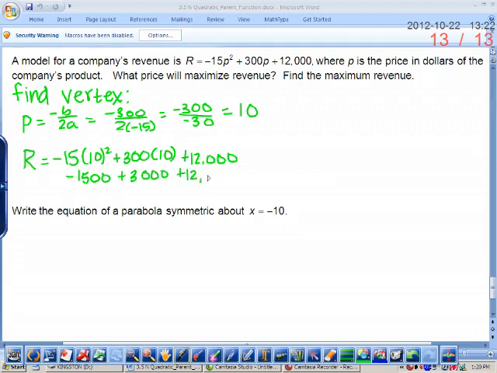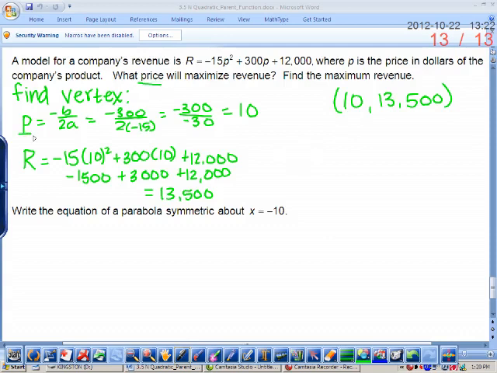What'd you get? Okay. All right, so my vertex is at 10, 13,500. But that doesn't answer my questions. Okay, first question. What price will maximize revenue? 10. Price was our x value.